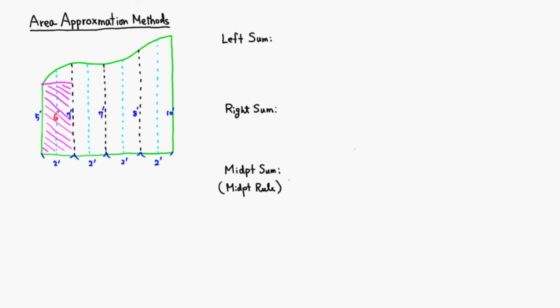I'm going to call this the left sum, L sub 4, where 4 indicates the number of rectangles. So this is going to be equal to: the height of the first rectangle is 5, multiplied by the width. The width is always 2, so I'll pull that out so I don't have to write it many times.